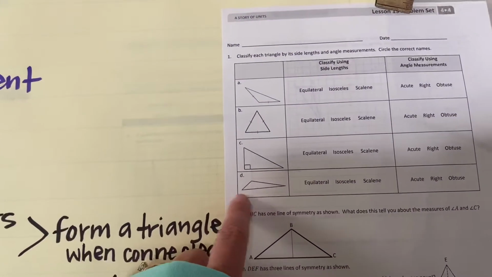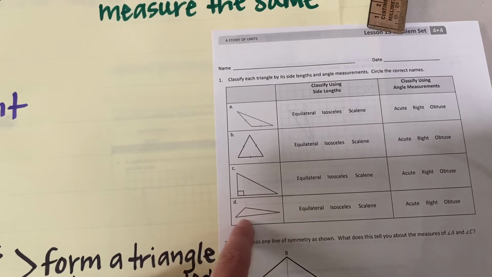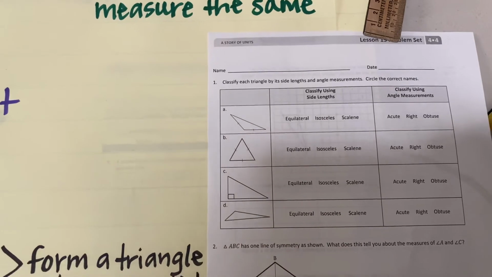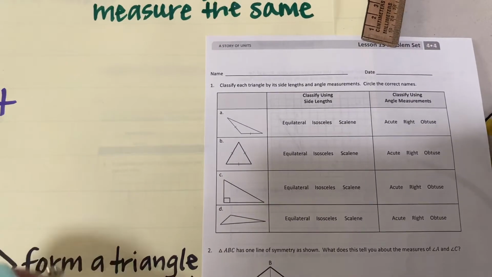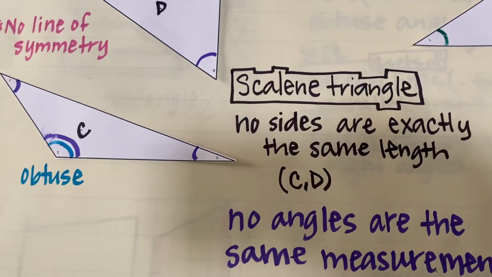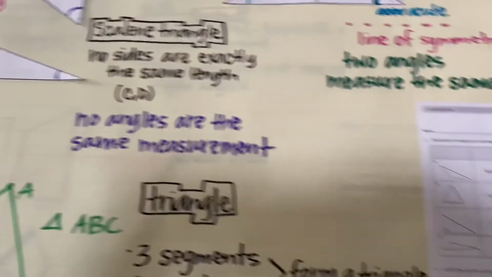And then the last one, it looks a little bit off, like this one could be the same as this, but it's not, and I don't see any tick marks. So that is not an isosceles triangle. It is not an equilateral triangle. It is our scalene triangle, where it has no sides the exact same length.